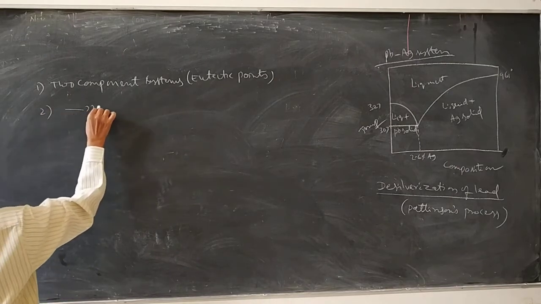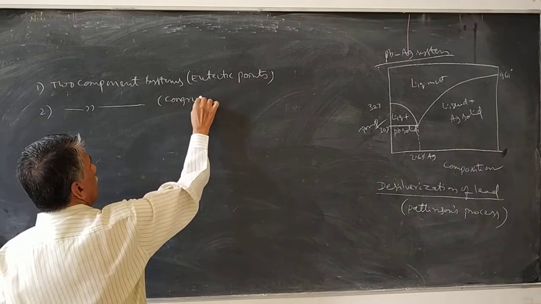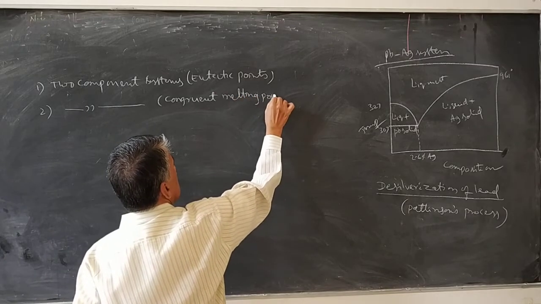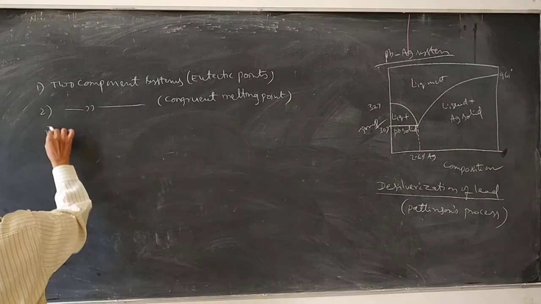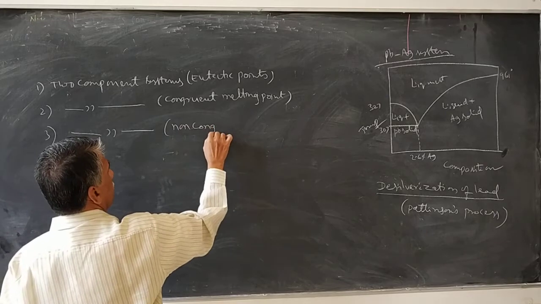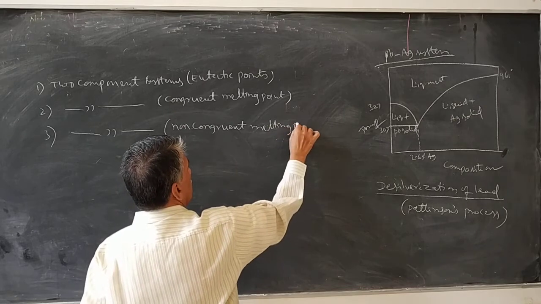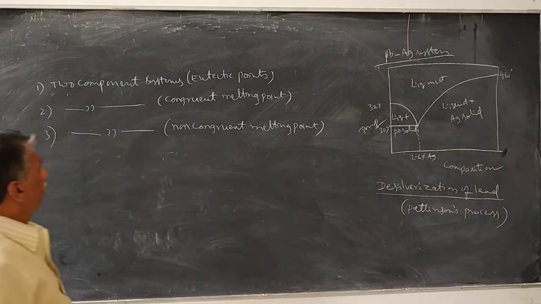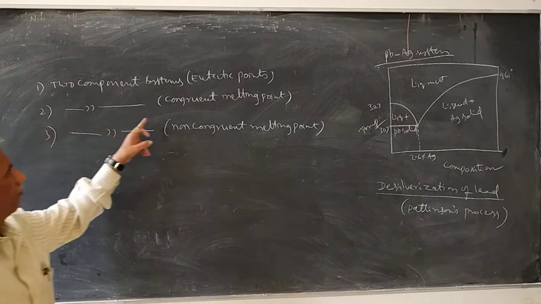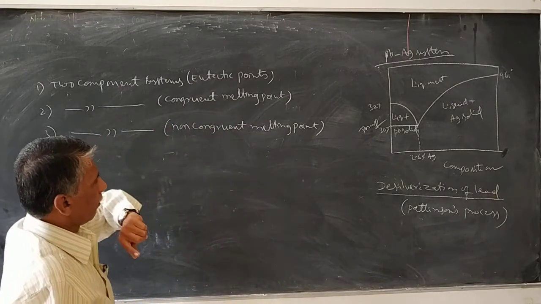Number two, two component systems with congruent melting point. And number three, two component systems with non-congruent melting points. So we shall discuss these three: two component systems with eutectic points, two component systems with congruent melting points, two component systems with non-congruent melting points.